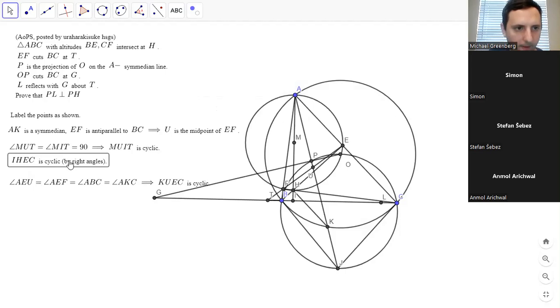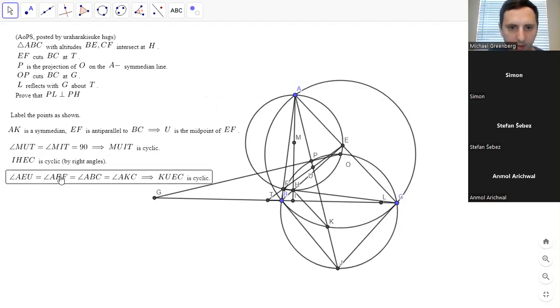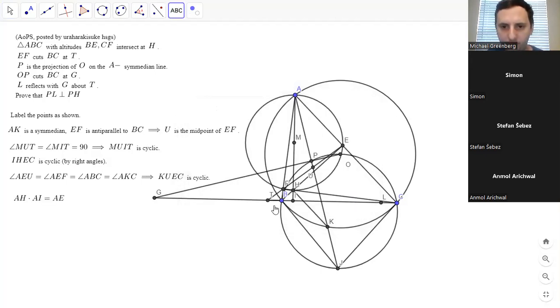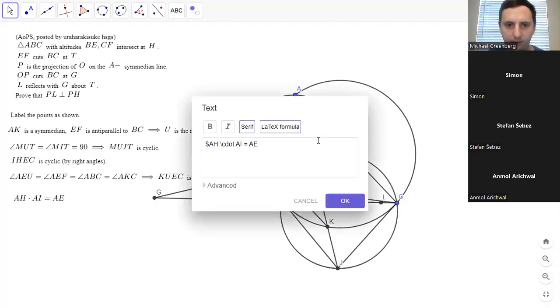Okay. So we have AH times AI is equal to AE times AC, which is AU times AK.